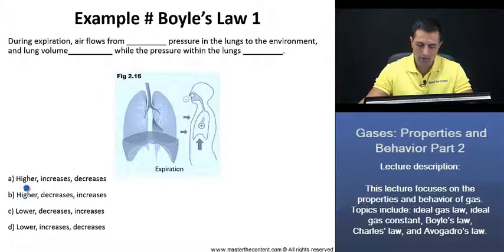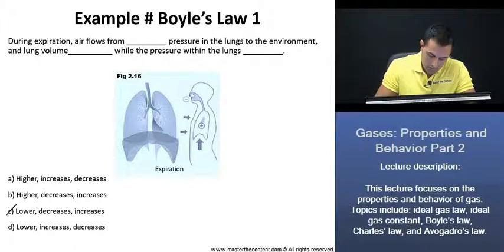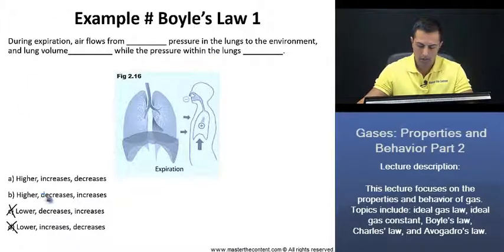Now, we see the answer for that can either be higher or lower. Thus, during expiration, air flows from higher or lower pressure in the lungs to the environment. It's going to be higher pressure. Thus, we know that C and D are not going to be valid.